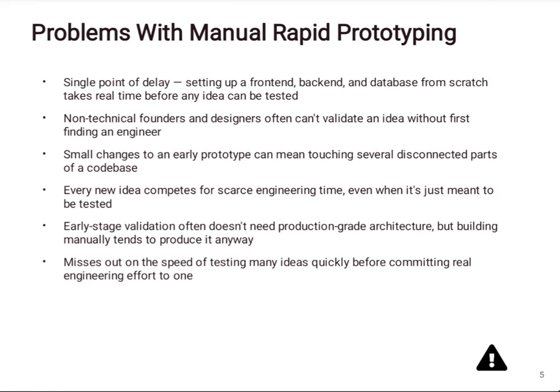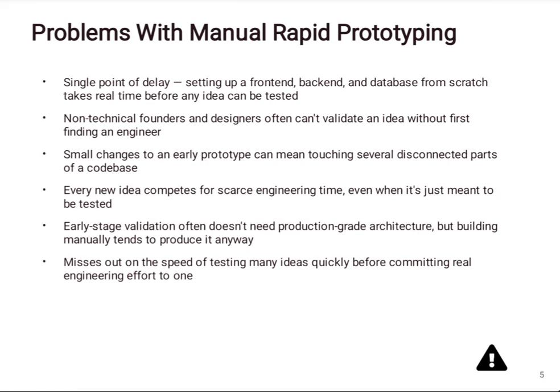Problems with manual rapid prototyping. Single point of delay: setting up a front end, back end, and database from scratch takes real time before any idea can be tested. Non-technical founders and designers often can't validate an idea without first finding an engineer. Small changes to an early prototype can mean touching several disconnected parts of a codebase.